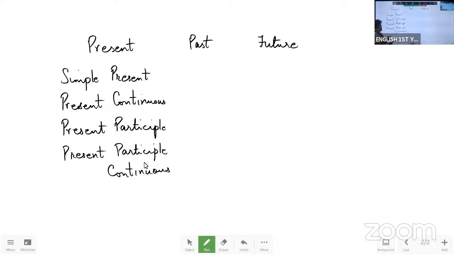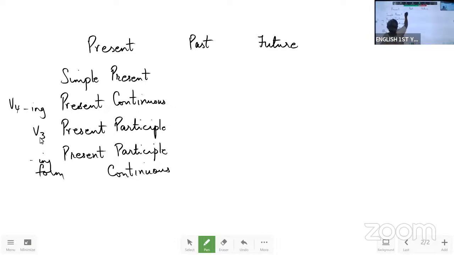When you spell continuous, you do not write U after N. You spell it as C-O-N-T-I-N-U-O-U-S. Remember this. So when it comes to continuous, always the ing form, V4, is used. And in participle, you use the V3. I explained to you, isn't it? V3 is past participle.